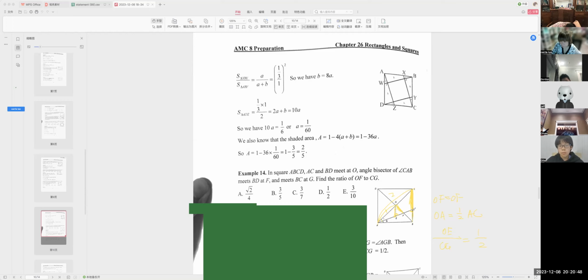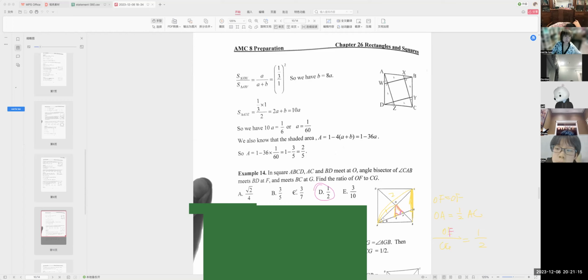And then AFO, this angle, I'm going to use another color, AFO equals OEF as well. So based on that, these angles are the same. So OE equals OF. So the answer is D.